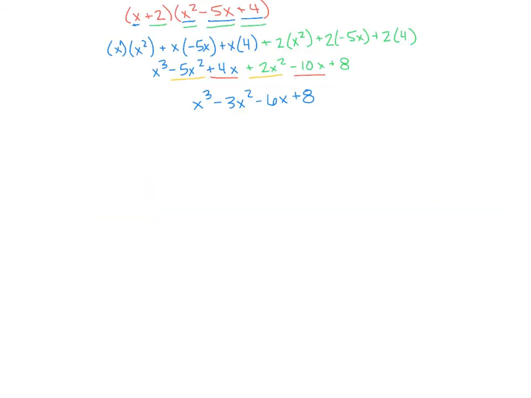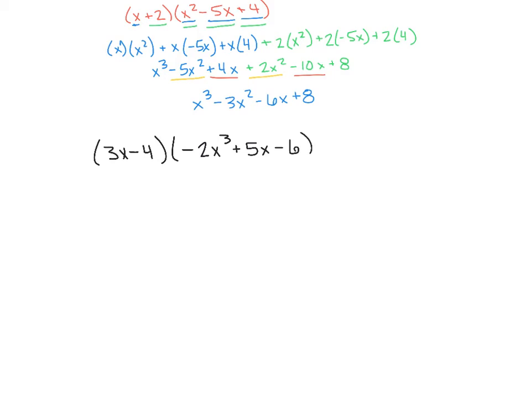Okay, next problem. 3x minus 4 times negative 2x cubed plus 5x minus 6. So we're going to distribute.